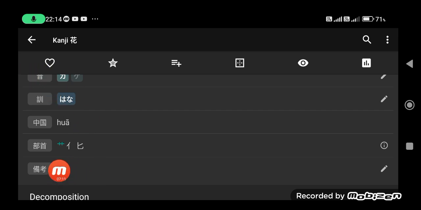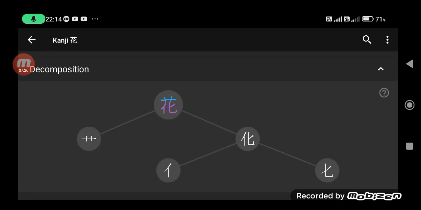Just like here, the kusa radical was colored in green, which gives you a hint that this radical among the three is the one pointing to the original meaning.